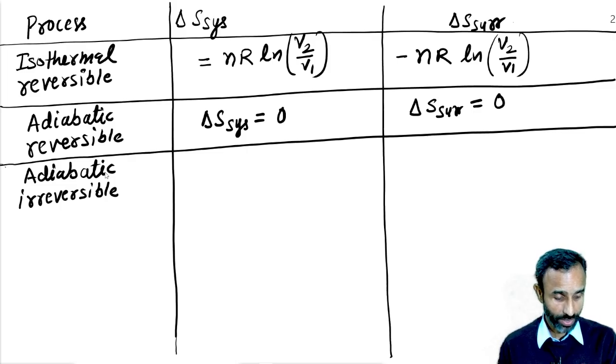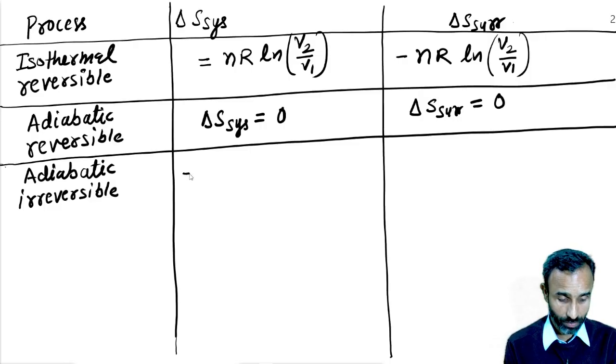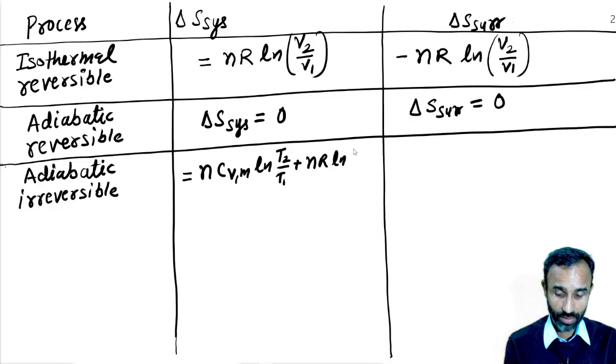But when it is adiabatic but irreversible, then delta S system is equal to n CV,m natural log of T2 by T1 plus nR natural log of V2 by V1.